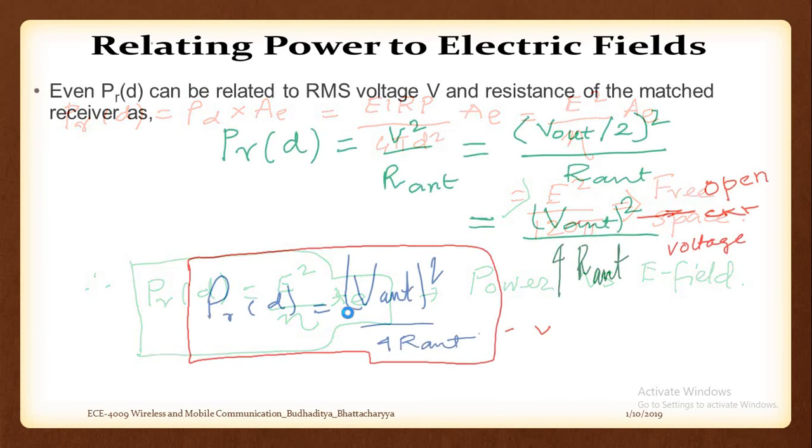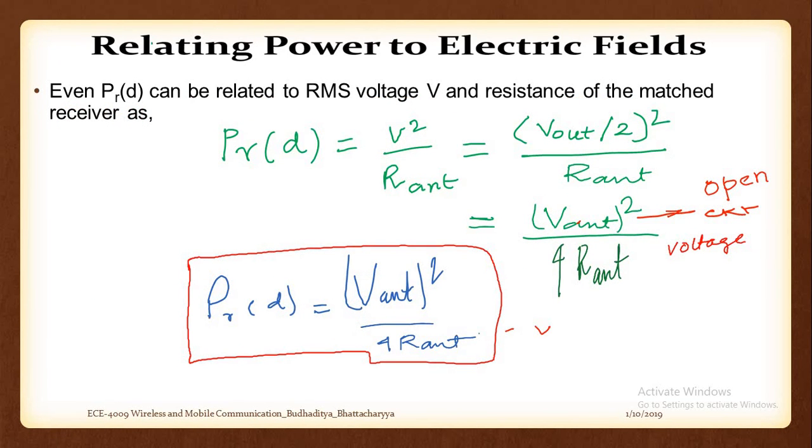And finally, we conclude our discussion that PR can also be related to V square by 4R. This is the open circuit voltage. If you convert that to voltage, what is the RMS voltage being generated out of power? These things I think you have done in fundamental electrical networks, like relating power to the electric field, or voltage to power.